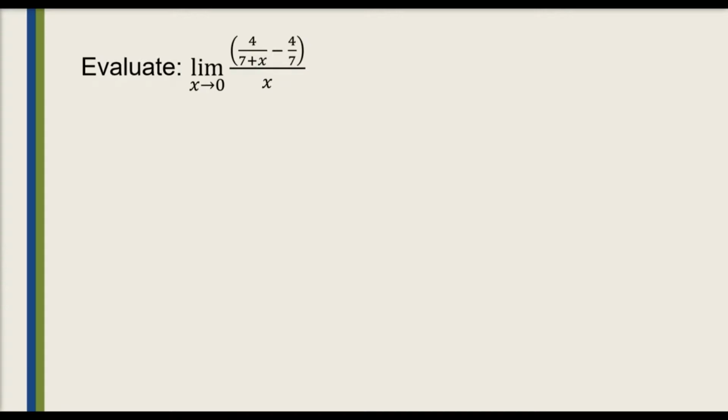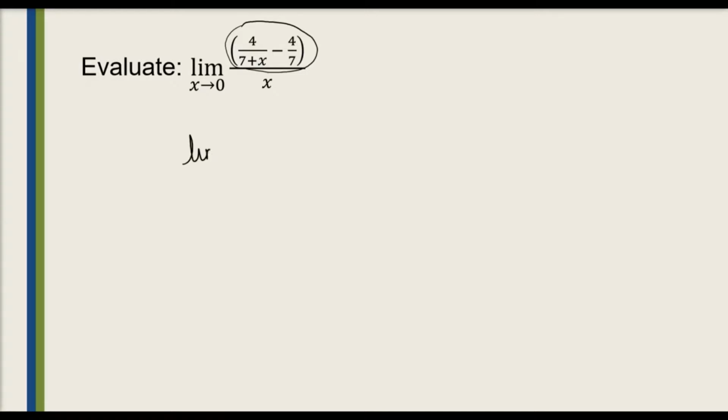So in the numerator of our function, we have this 4 over 7 plus x minus 4 over 7. So we can get a common denominator to try to combine those terms. Now it looks like the common denominator in this case would be 7 times 7 plus x.